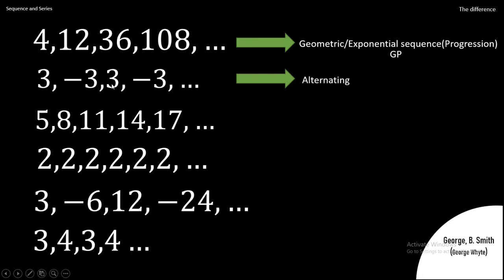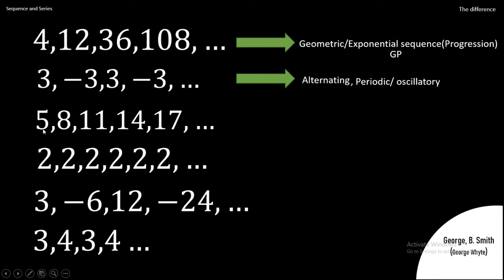But it is periodic because the sequence is actually repeating: from 3, minus 3, you still have 3, minus 3, 3, minus 3. That's what you call a periodic or an oscillatory sequence. So take note: alternating because the signs between consecutive terms change, periodic because the values are actually repeating.